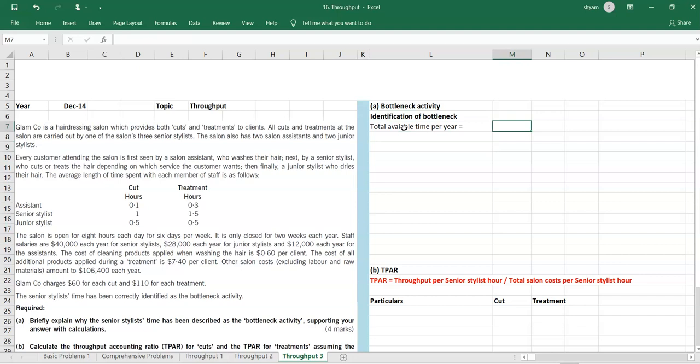See, they are working for 8 hours and for 6 days and 50 weeks in a year.